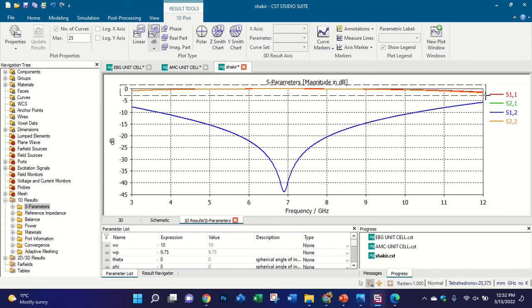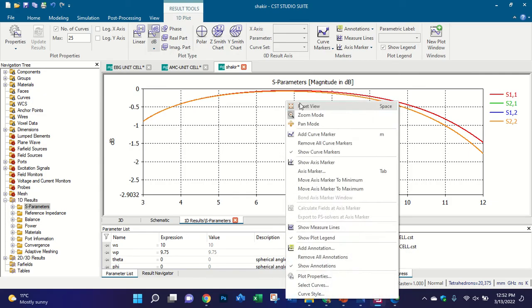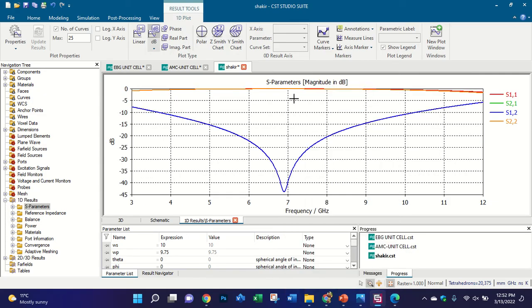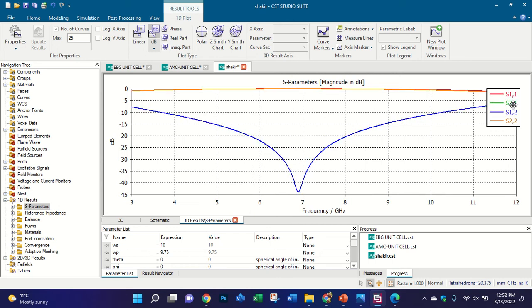I am talking about S11, the frequency selective configuration, S22 and S11. So it is close to 0, and in this case you see this is broadband.